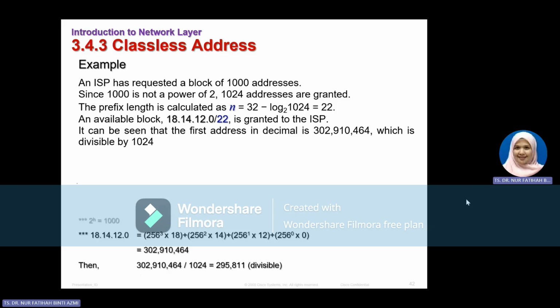When an organization like an ISP requests a certain number of IPs, we call it N. The N must be a power of 2. Why? Let's look at the relationship between the number of addresses and the prefix length.